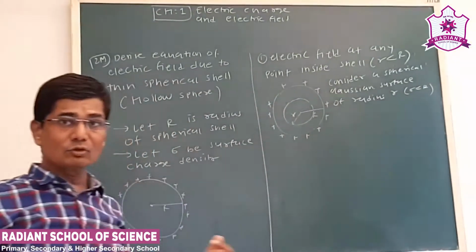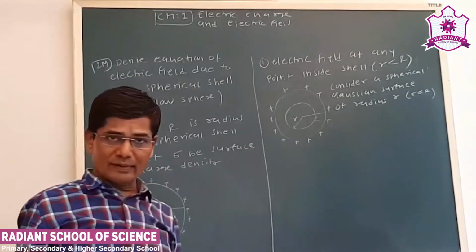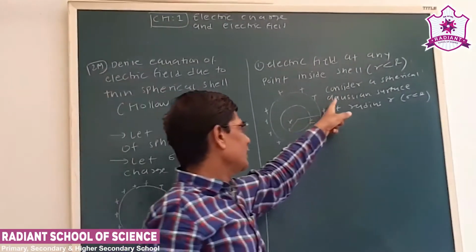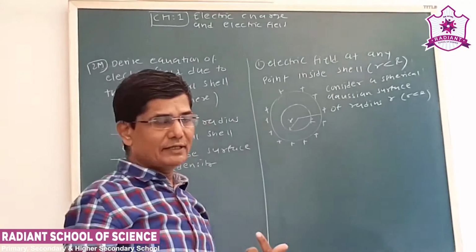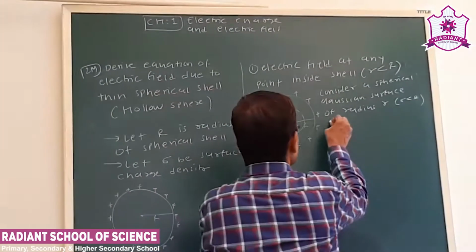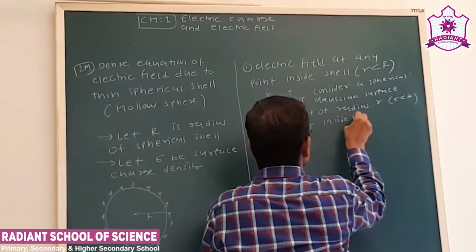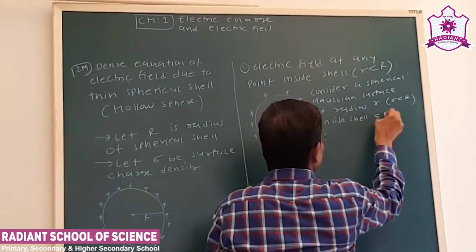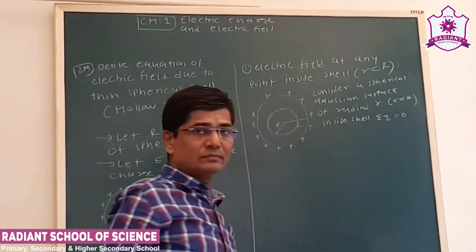Okay. Now next you have to see the charge enclosed by this Gaussian surface under consideration. What we see here, inside the shell there is no charge. So inside the shell, no charge, sigma q is 0. Okay.